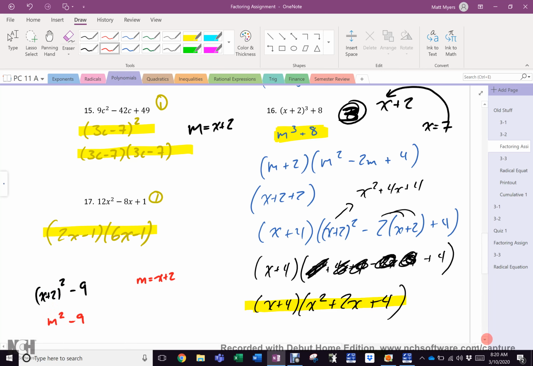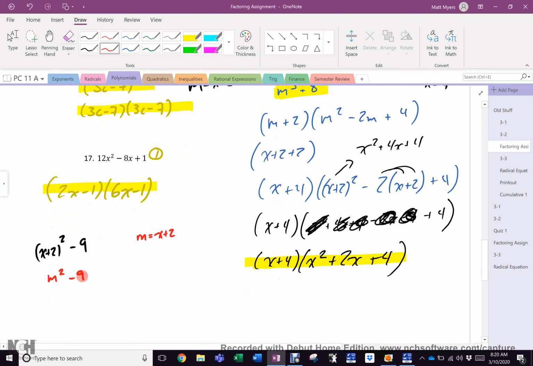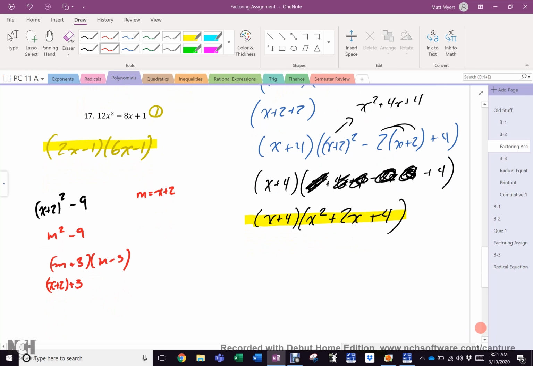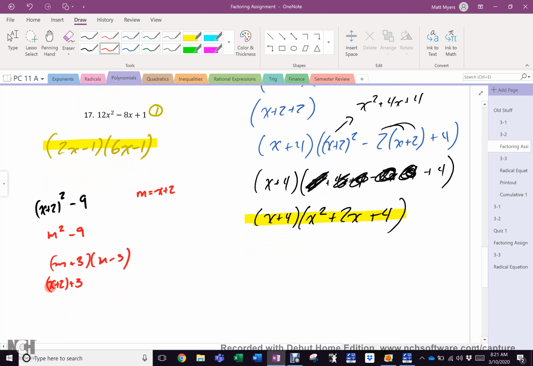M is x plus 2, yes? Now, how do you factor that? We just did it literally 5 seconds ago. What is this? M plus 3 and M minus 3, yes? Okay. What is M? X plus 2 plus 3. In the 9th grade, what would you do with that expression?